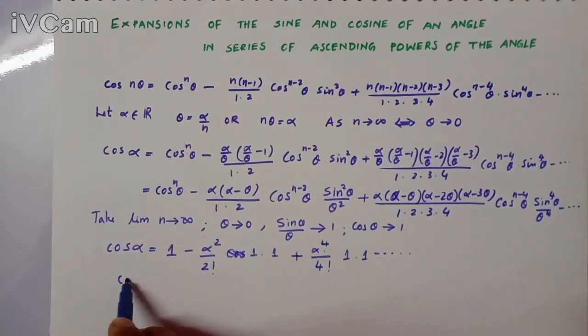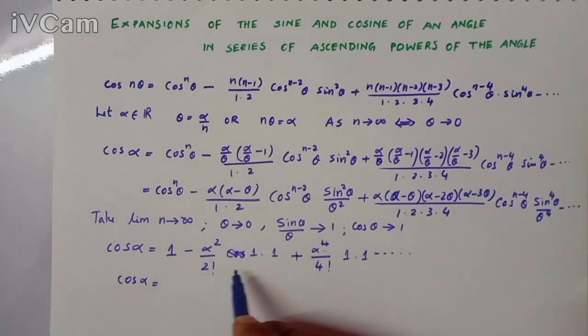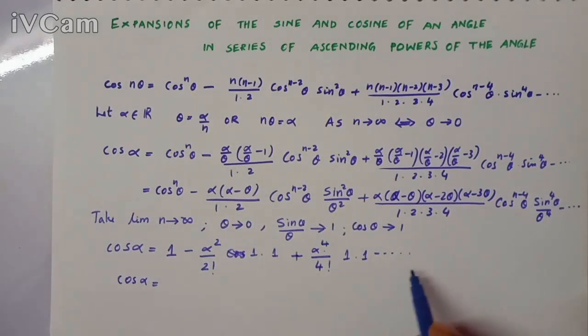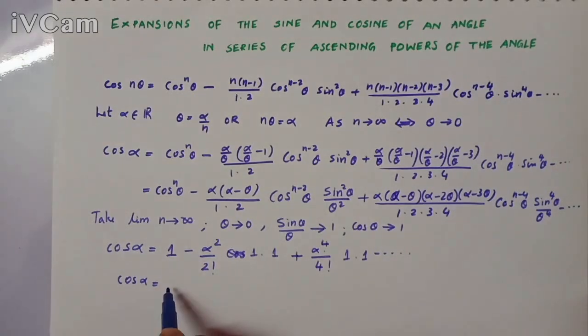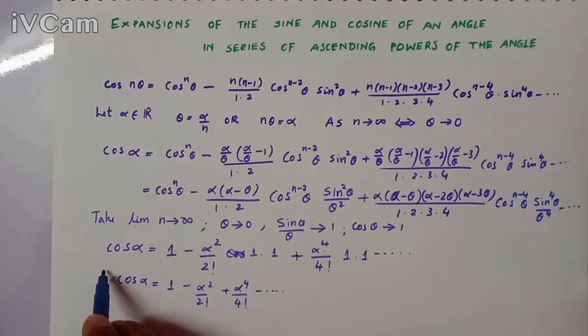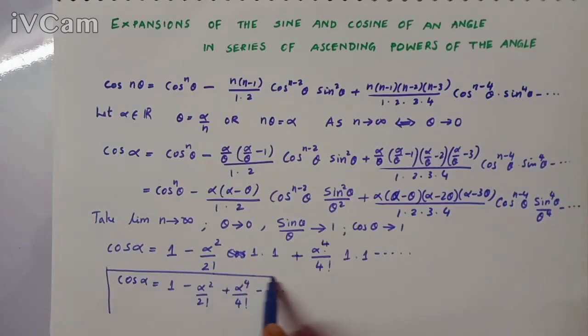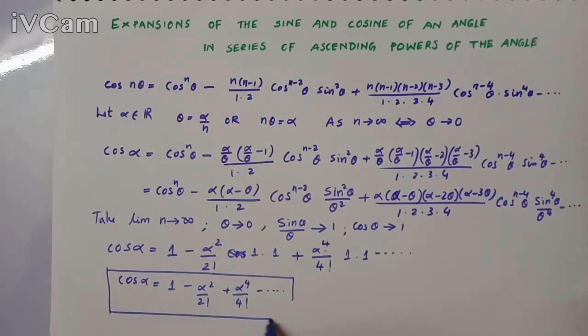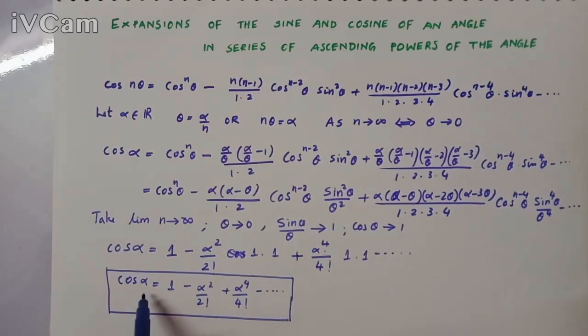So we have cos alpha can be written as, of course, this right hand side must have infinitely many terms. So 1 minus alpha squared by factorial 2 plus alpha raised to 4 by factorial 4 minus etc. So this is what we need to get, the expansion of cos alpha in terms of alpha.